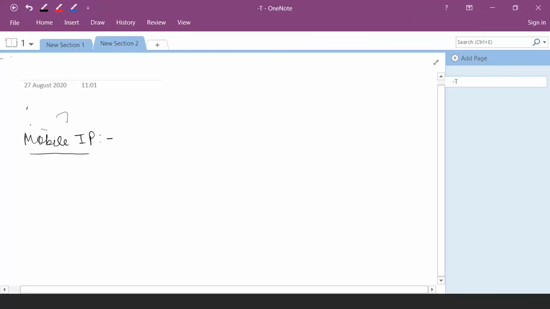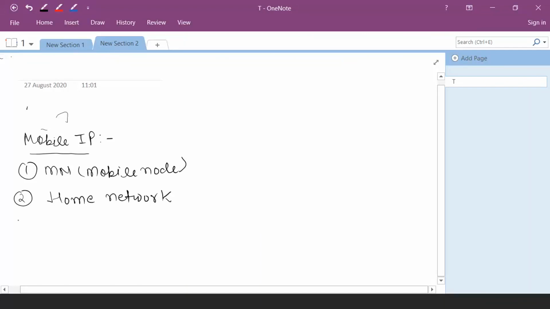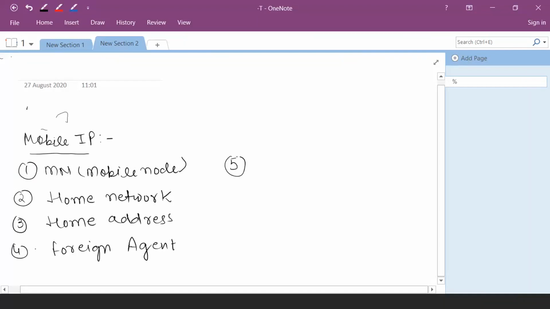Components of the mobile IP. The first one is called mobile node. Second one is home network. Third one is home address. Foreign agent. Foreign network.